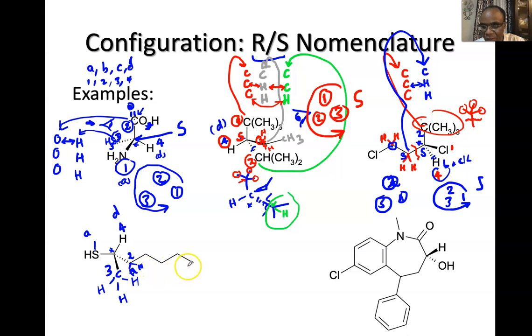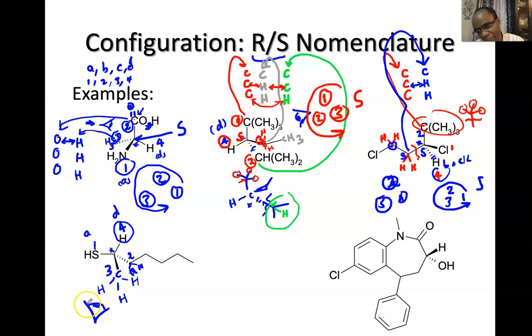So my numbers are looking funny. So hydrogen is drawn on top. So the only way we will make sure hydrogen is away from us is our eye being down here. That's the only way our group 4 will be away. So the rule is the 4th group has to be away before you assign the true assignment. That's why I'm putting my eye below the molecule to make sure the hydrogen is away from the eye.